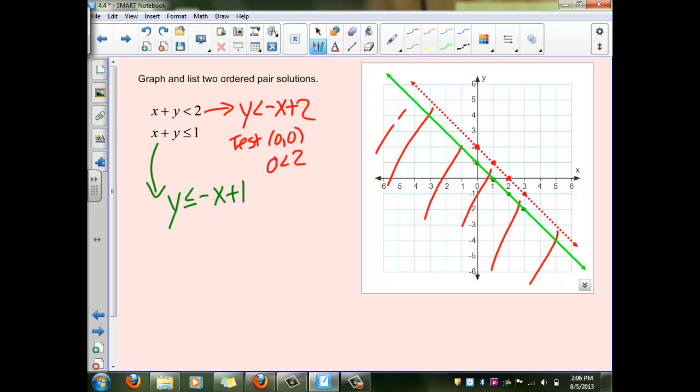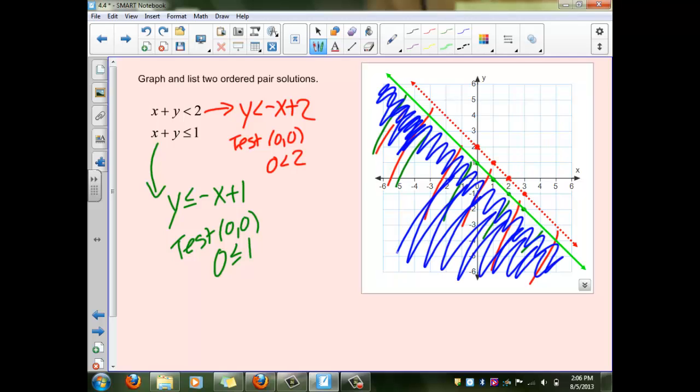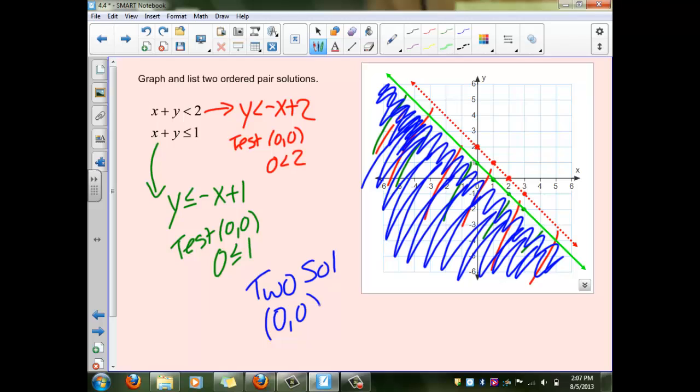And with the green, once again, if we tested 0, 0, we'd have 0 is less than or equal to 1, which is true. So the part where we've got both colors is actually going to be everything to this side of that green line. So, two possible solutions. You could have 0, 0, and negative 1 and negative 5 is also clearly in that blue.